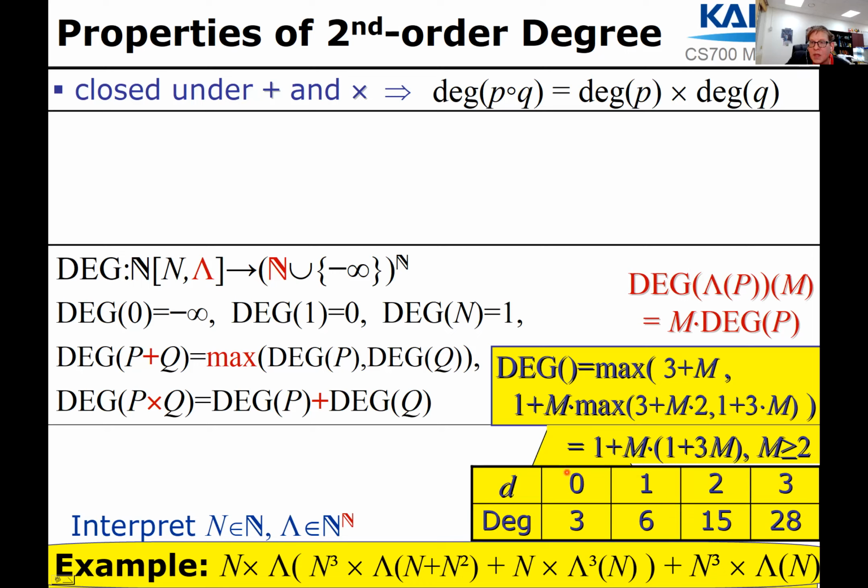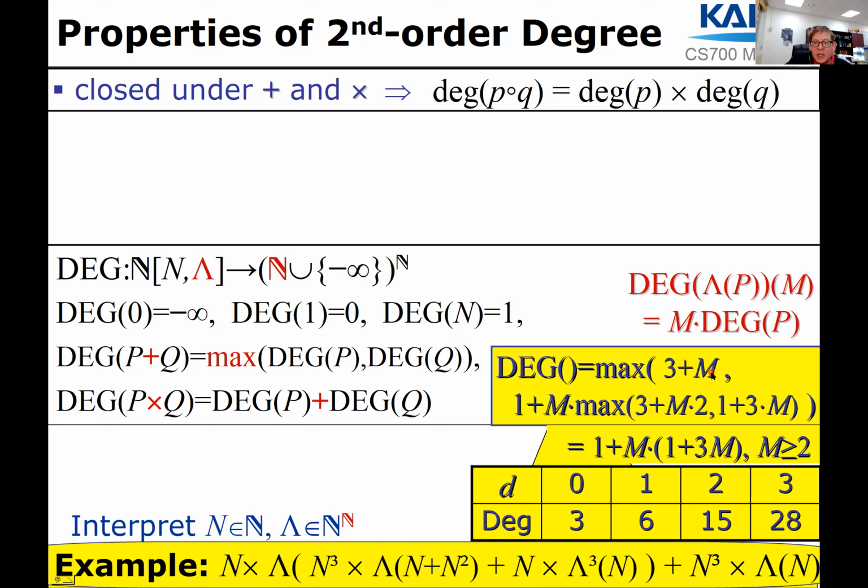And before that, let's calculate some values of this degree for various arguments m. Let me say it again, the degree of a second order polynomial is not a natural number, but a function of one natural number. And this natural number argument is what we here abbreviate with the variable m.